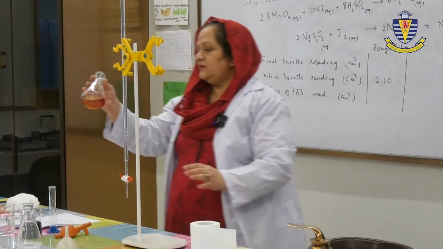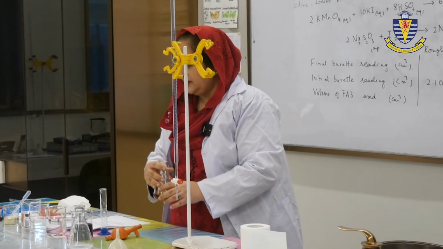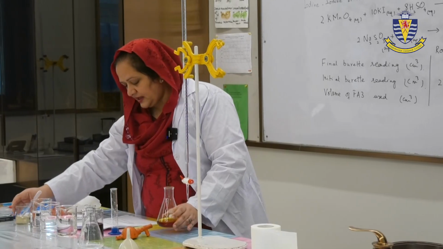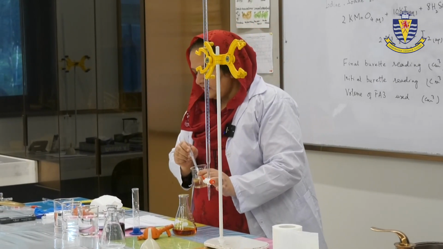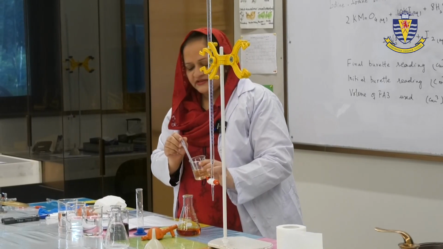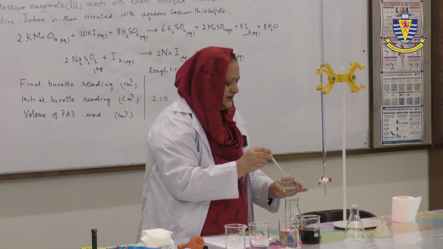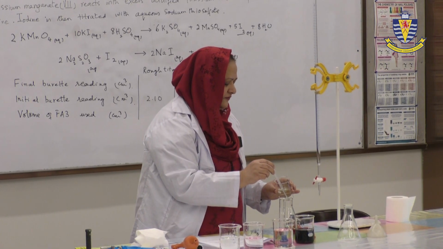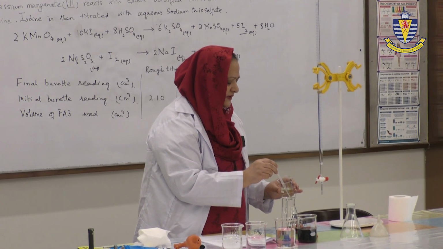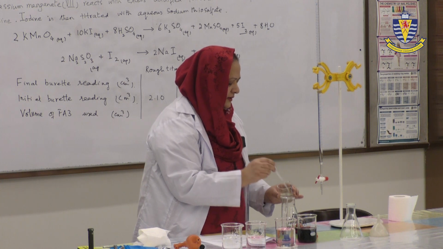This is the moment where the reddish tinge has disappeared, and now I am going to add the starch indicator. Here they say that add several drops, which means that I am going to add approximately 10 drops. 3, 4, 5, 6, 7, 8, 9, 10.